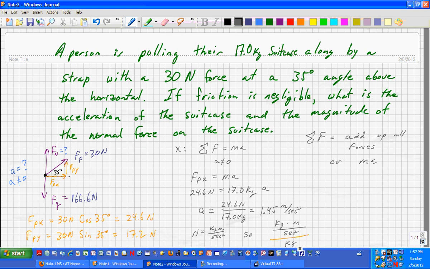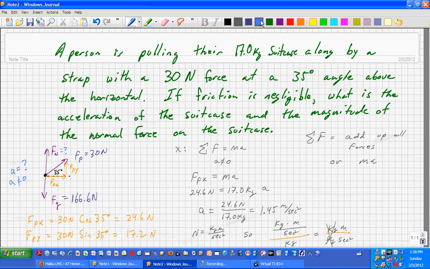So that would be kilogram meter over kilogram second squared. Kilograms are going to cancel out of there, and we get meters per second squared. That's how the units work on that.